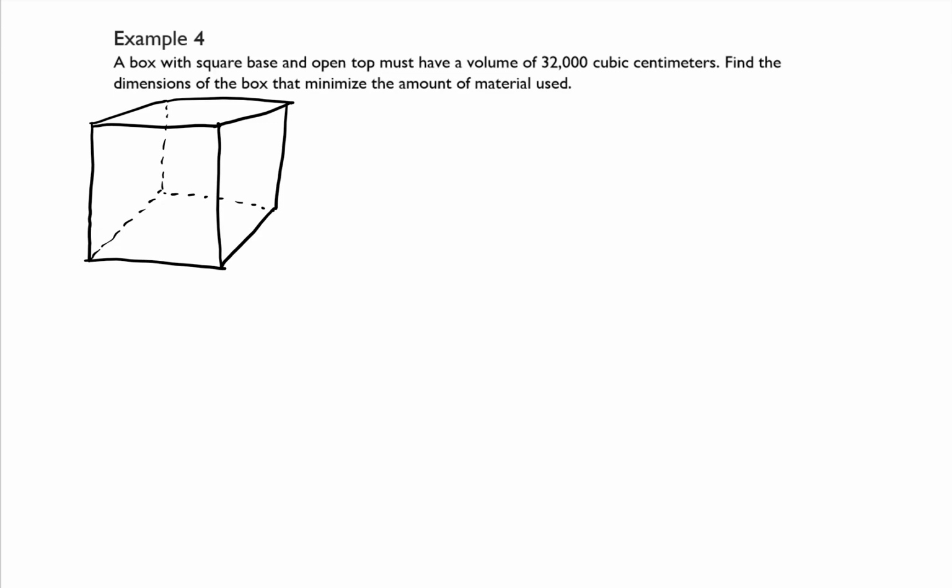It has a square base, so I'm going to call this S, S, and then the height, we don't know what the height is, but that's going to be a different length potentially than the side length, so let's call that H. And we know that the volume must be 32,000 cubic centimeters, and so the volume of this particular box is S times S times H. And so if we rewrote that as S squared H, but the volume must be 32,000.